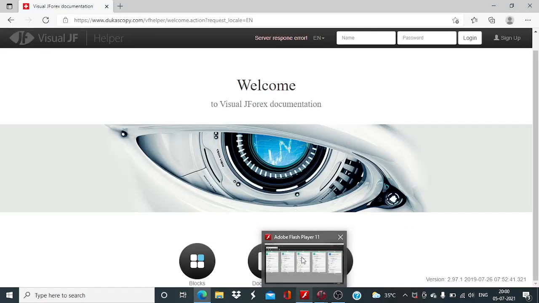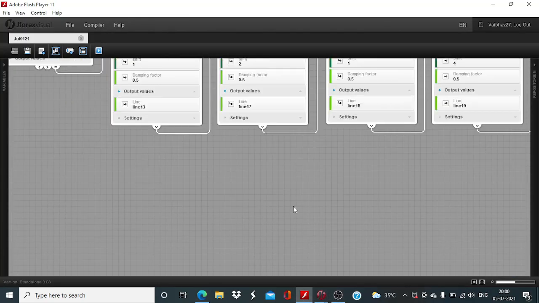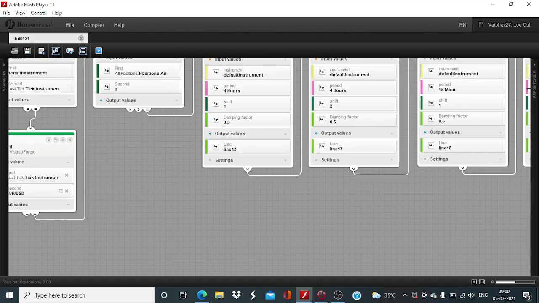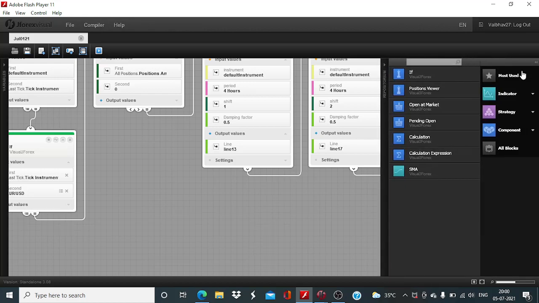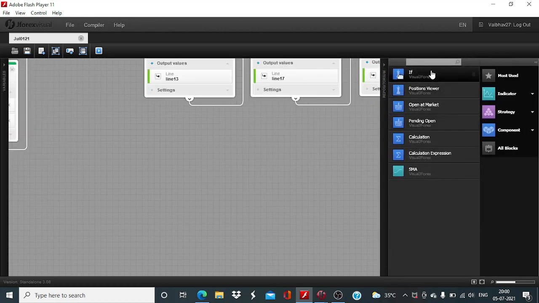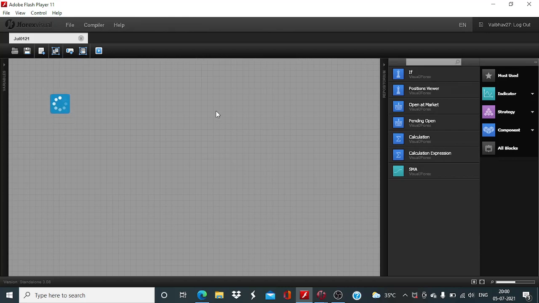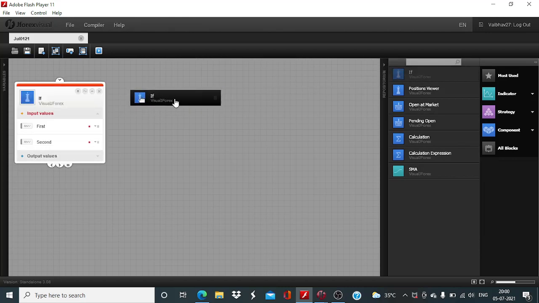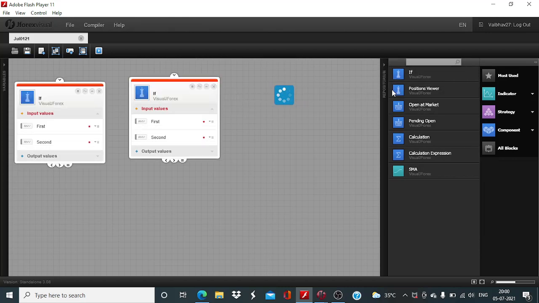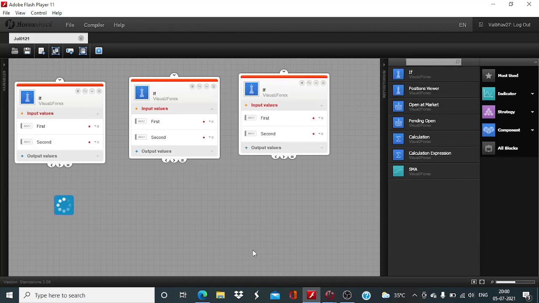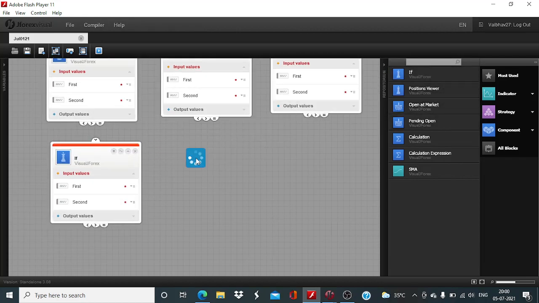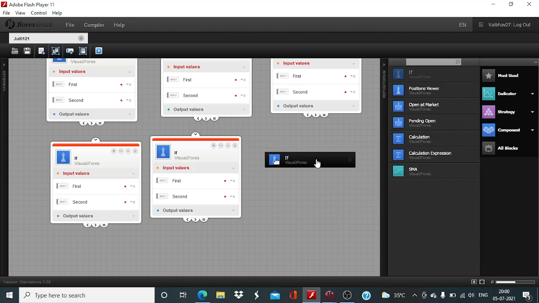So now we head back to the Visual JForex board, where I will need to add 8 if blocks and then trade command blocks. 8 is the number of if blocks simply because we have to make the setup symmetric, and when we defined the conditions for the buy side, 8 blocks were needed.